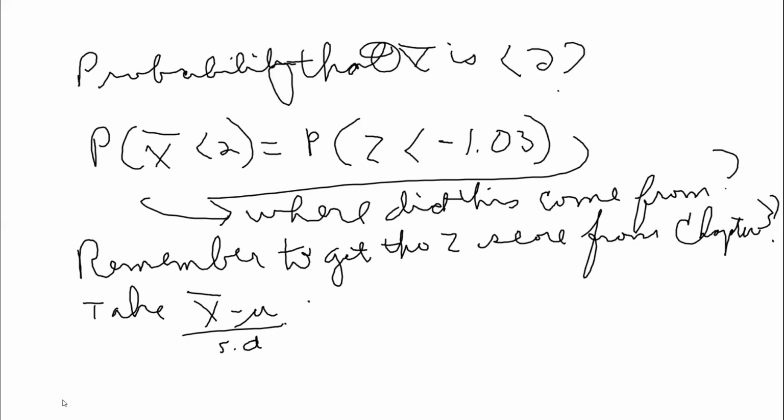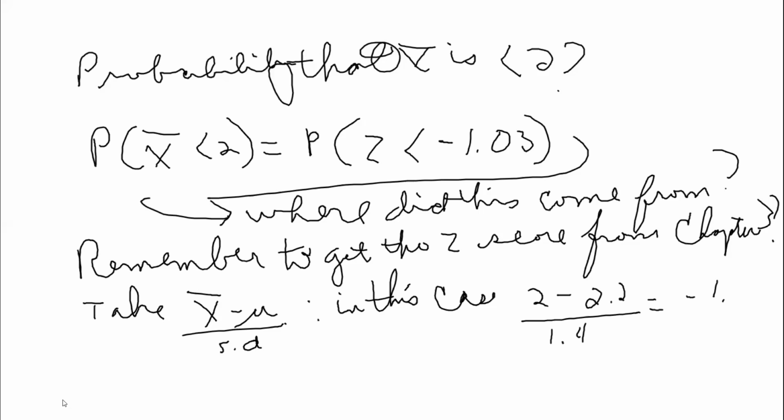In this case, it looks like this: 2 minus 2.2 divided by 1.4, and that equals negative 1.03. So that's where that negative 1.03 comes from, right there.